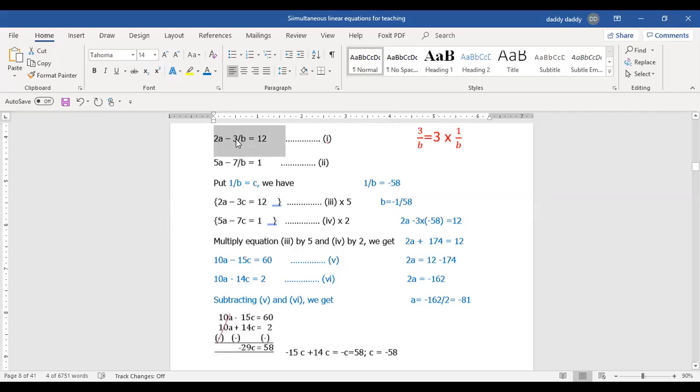But 3 upon B is nothing but 3 into 1 upon B. Isn't it? So instead of 3 upon B, I took this form and I wrote 3 over here and the value of 1 upon B, which was minus 58.